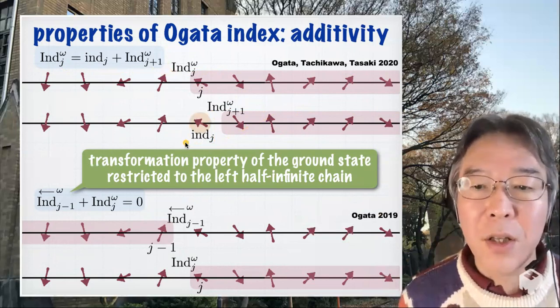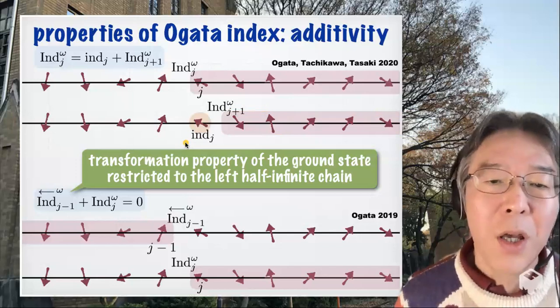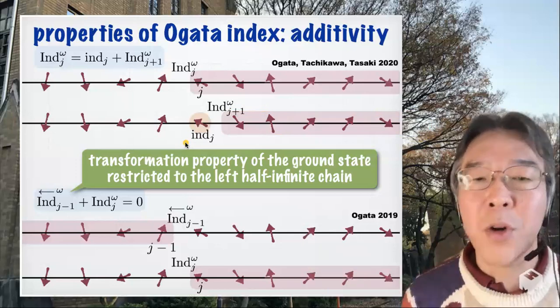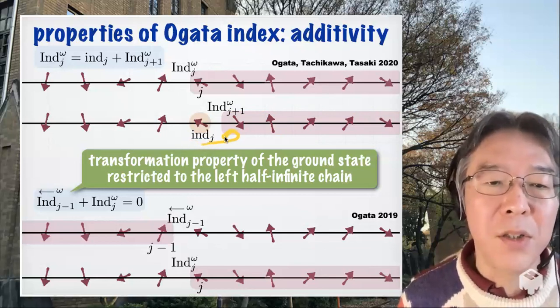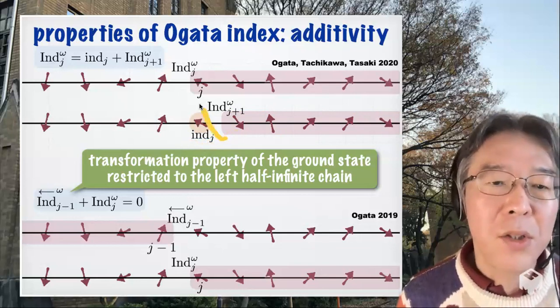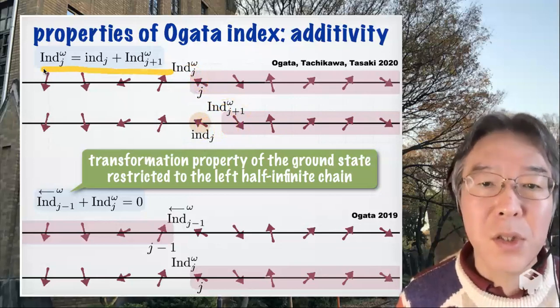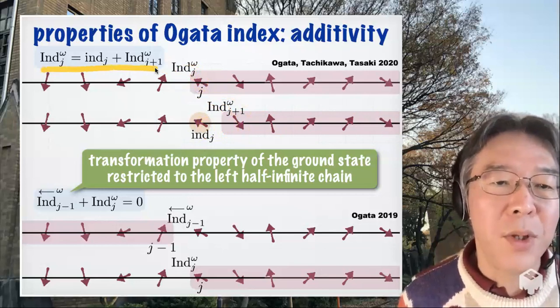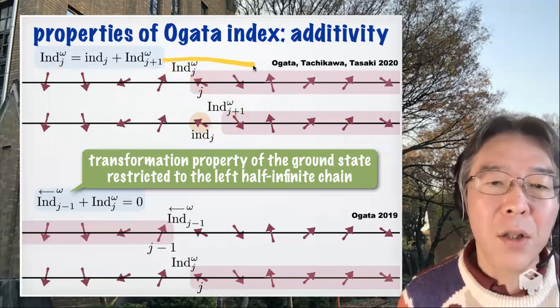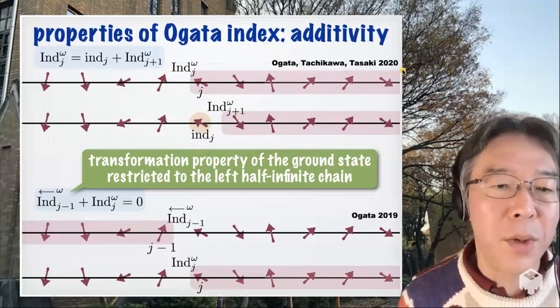This is the index for a single spin. So in case of spin systems, this is 0 or 1, depending on whether your spin is integer or half integer. So this is something simple. But anyway, these are the indices for the symmetry G. So it's very natural that you can add these two to get this one, and that is true. The proof is not easy, but you are easily convinced that this should be true. This identity was proved by Yoshiko Ogata, and it's in our paper, but was proved by Ogata.